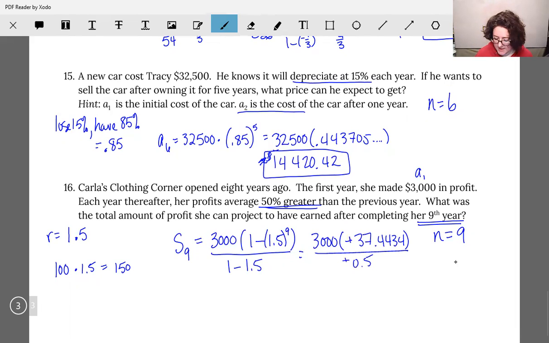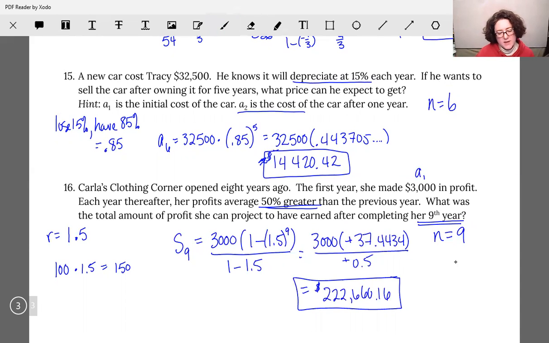So we're really looking at 3,000 times 37.4434, all divided by 0.5, and we're going to get a total of, excuse me, $224,660.16 total profit.